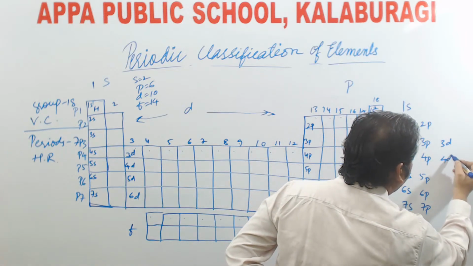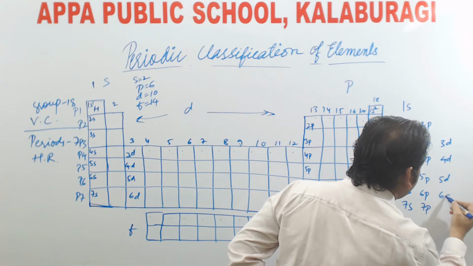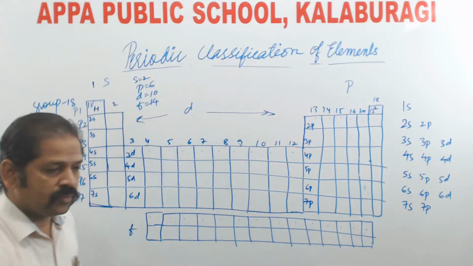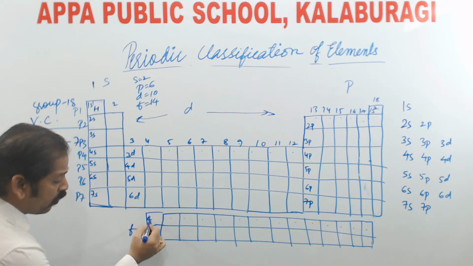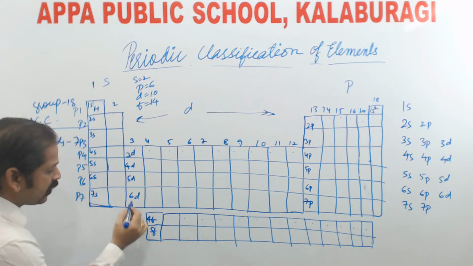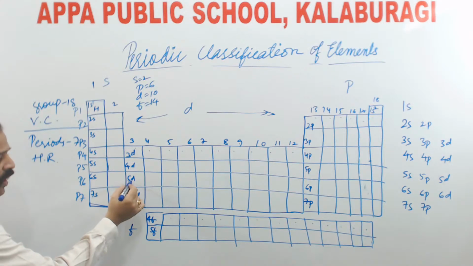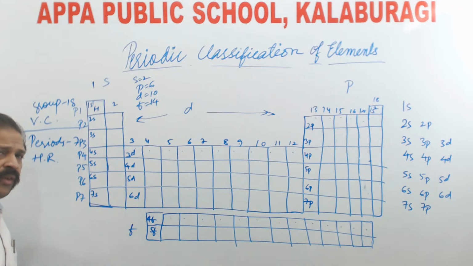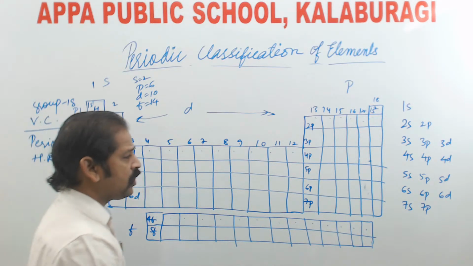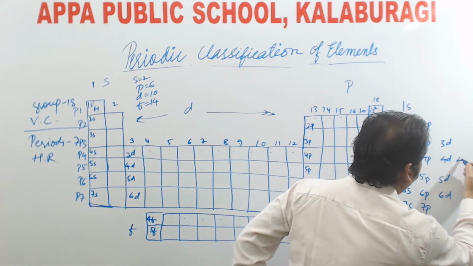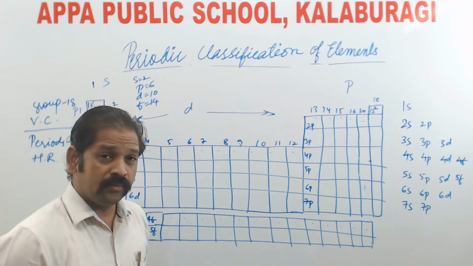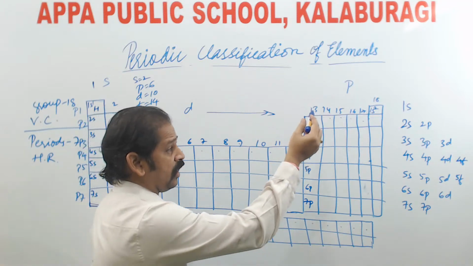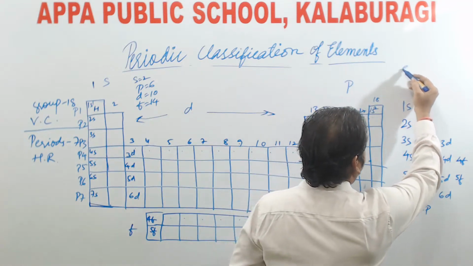Lastly, the F block is here: 4f and 5f. Actually, it starts here: 5d and 4f, 6d and 5f. We will discuss that in the next classes. 4f, 5f. And the elements, this is called the energy level diagram.